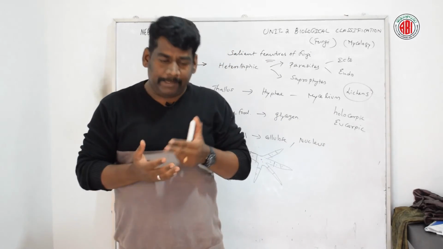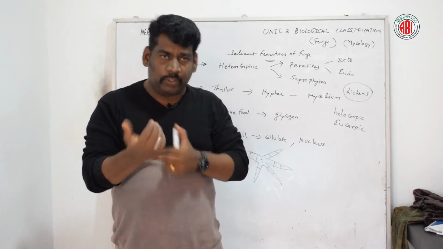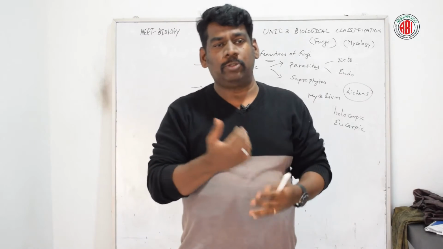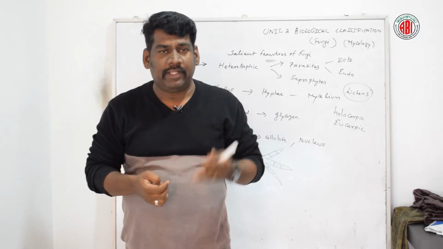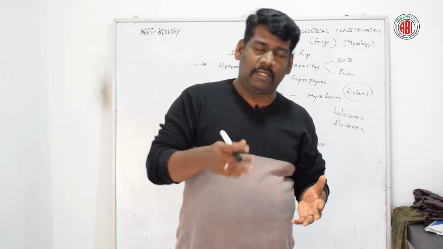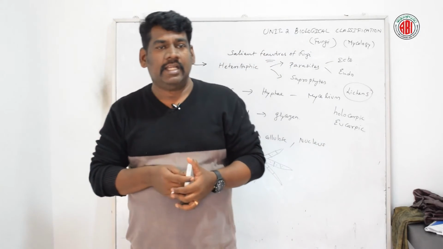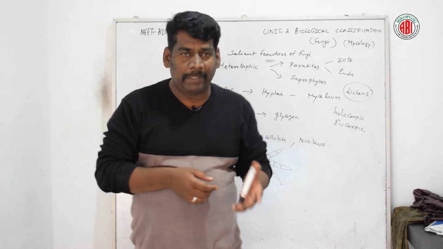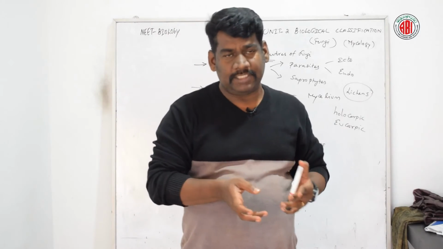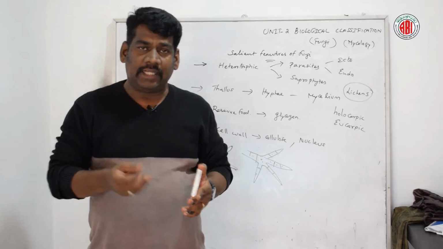Okay, and in the hyphae, in the cytoplasm we can also see mitochondria, dictyosomes, which are also called Golgi bodies, and ribosomes, endoplasmic reticulum, oil droplets, and glycogen granules.